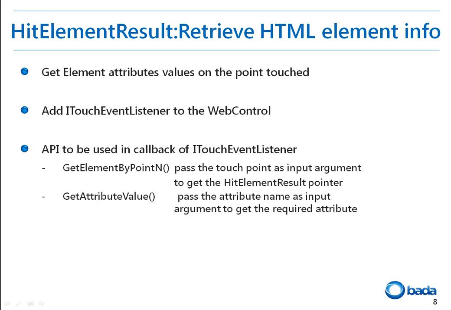You need to implement the OSP UI ITouchEventListener for receiving touch events. You can use the GetElementByPointN to get information about the element pointed to by the specified coordinates. To get the value of a specified attribute, you can use GetAttributeValue.